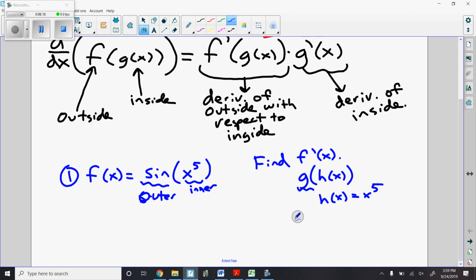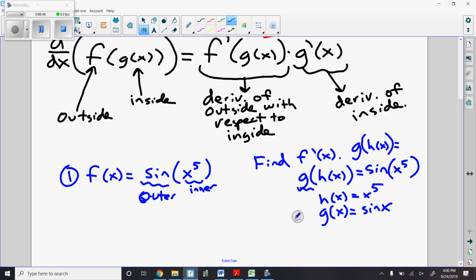My outer function g would be sine x. So then if I did g of h of x, I'll just write it right here. It would be sine, but not of x, because that's g of x. G of h of x, I'd replace the x with the function h of x, which is x to the fifth.